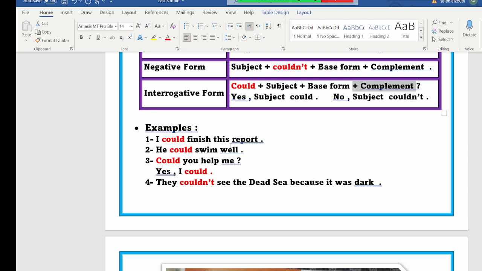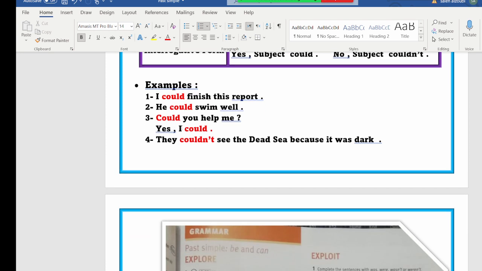Move to the examples. I could finish this report. Or I couldn't finish this report. He could swim well. Number 3: Could you help me? Yes, I could. Or no, I couldn't.